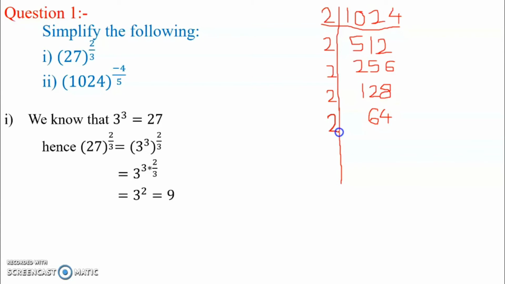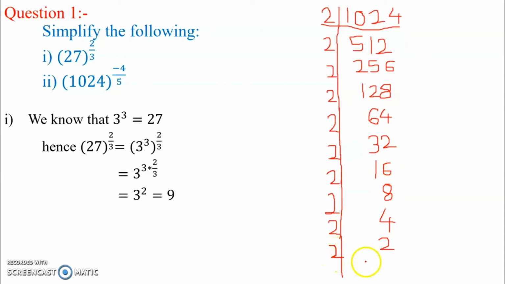Now this one will give you 32. You have to stop the factorization when you get a 1 over here.